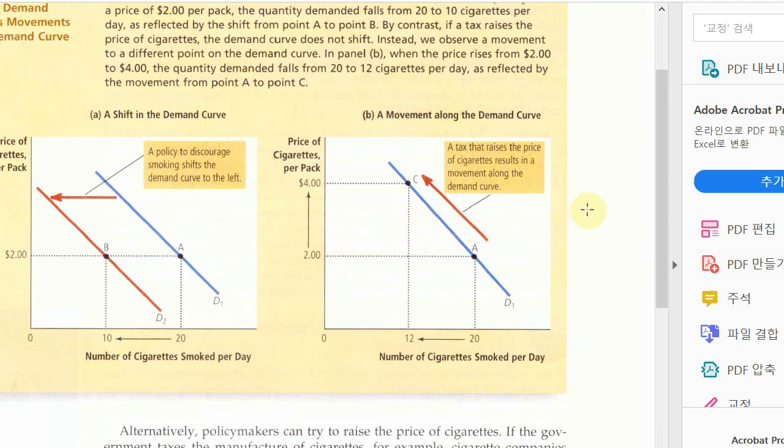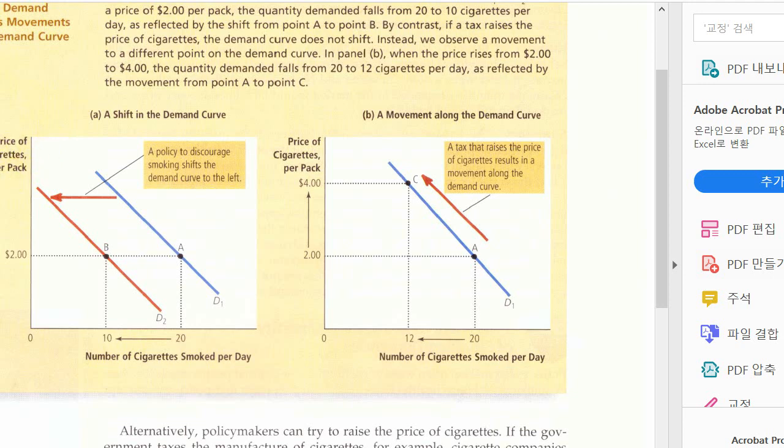Here we have to understand that we have two kinds of demand variations. One is when the demand changes, we call this change a movement.